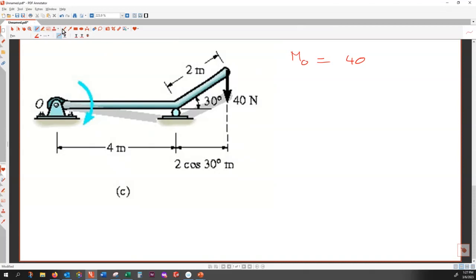So I need to extend this one. This is line of action. And then from point of rotation, I make it normal to here. And that is the distance. This is the shortest distance. So the shortest distance is equal to two portions, this portion and that portion. So that is 4 meter plus 2 times cos 30.